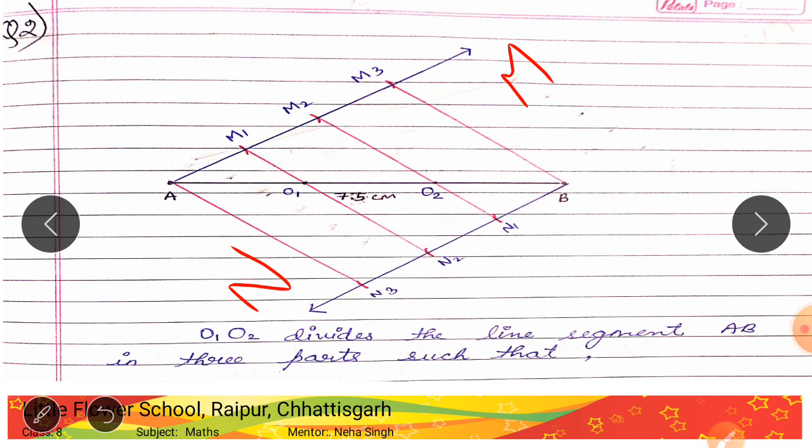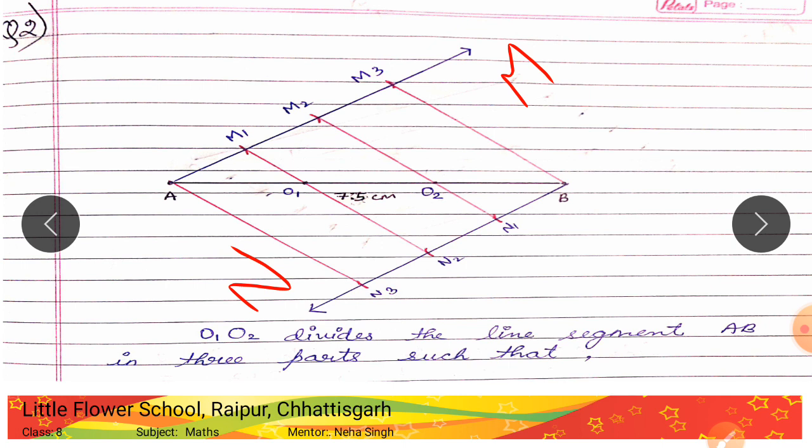Now after drawing the rays, we'll take our compass, and since the line has to be divided into 3 equal parts, we will draw 3 arcs of equal measurement on rays AM and BN, right?